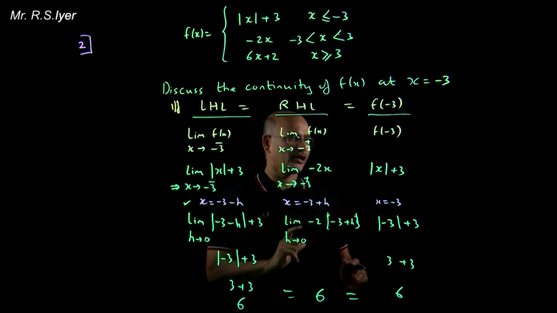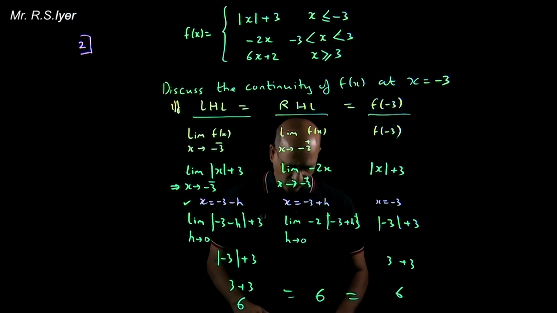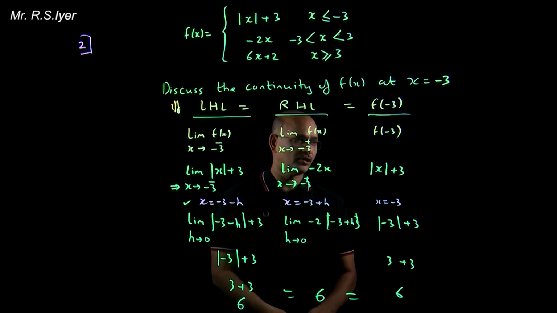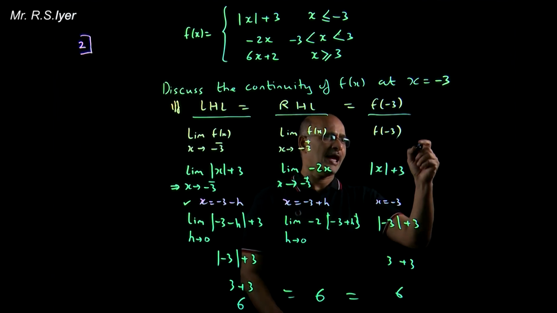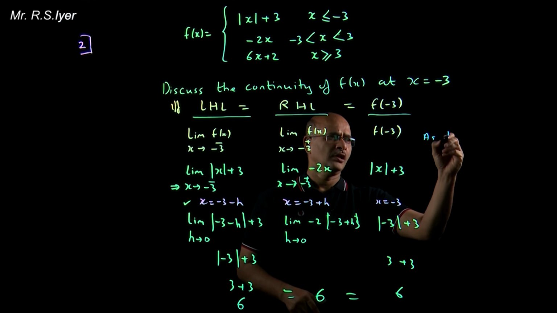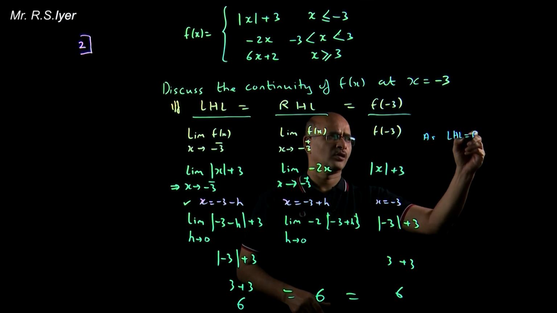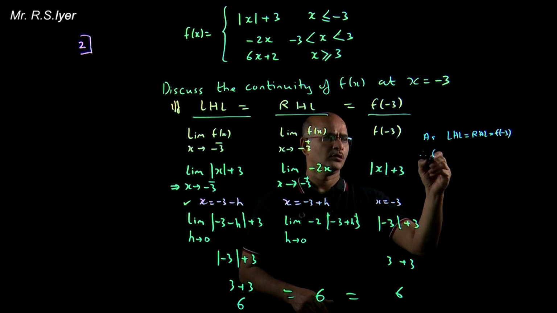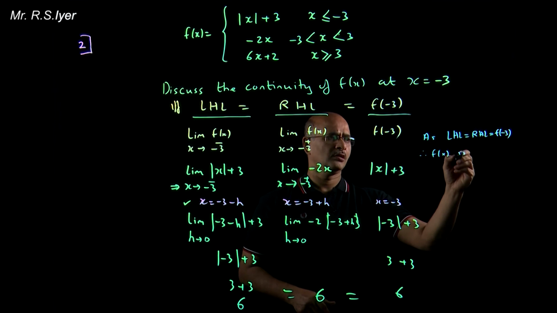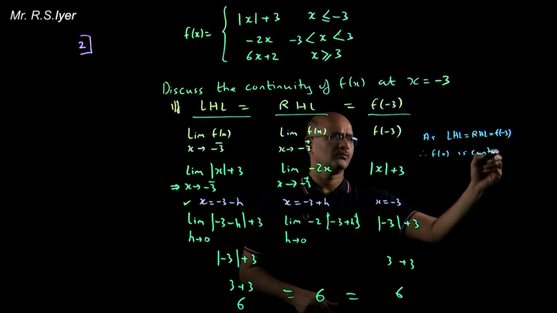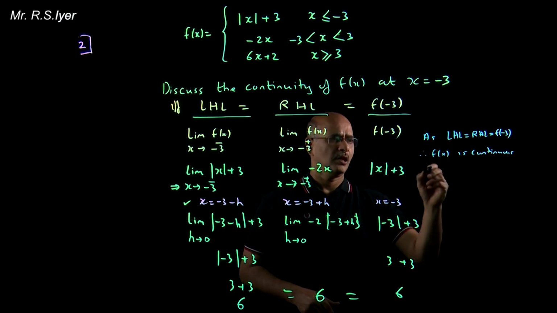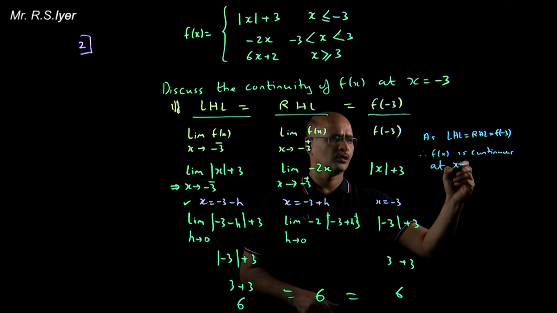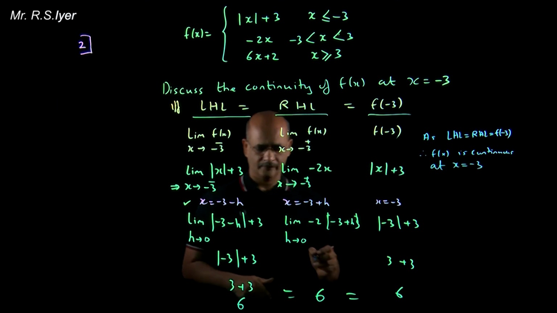So never forget to write that point here. Please remember that point you have to write. So you should say: as LHL is equal to RHL is equal to f of minus 3, therefore the function is continuous at x equals minus 3.